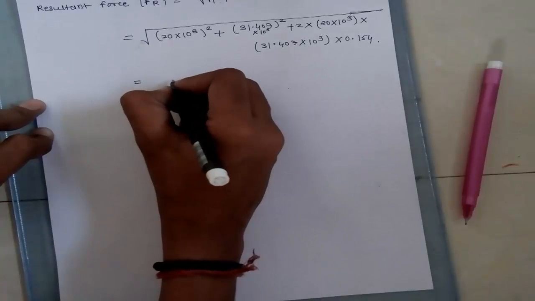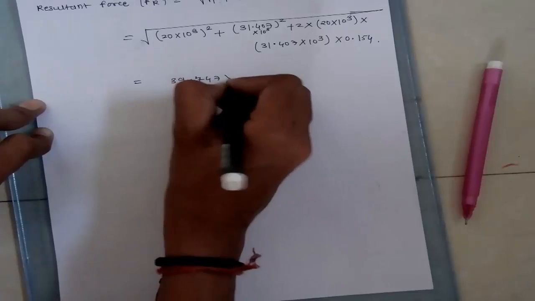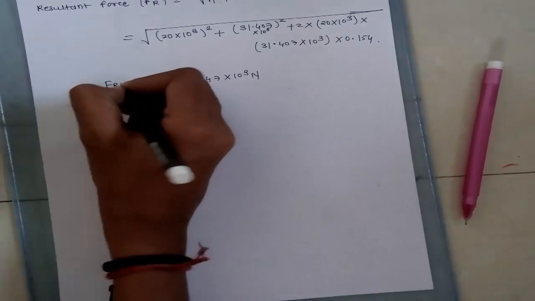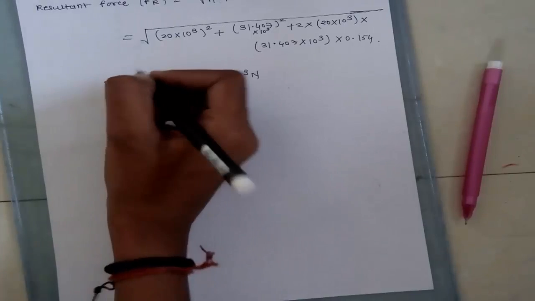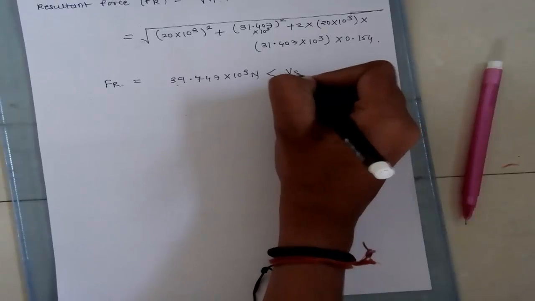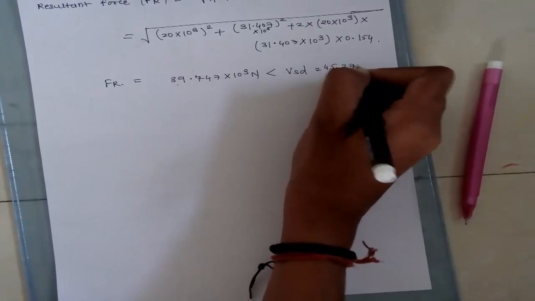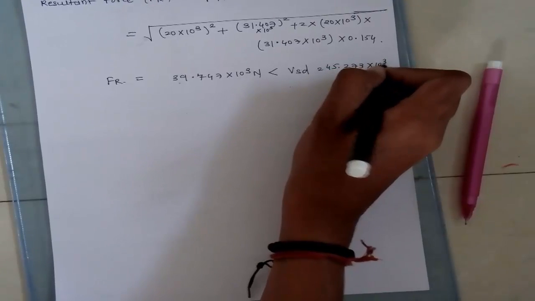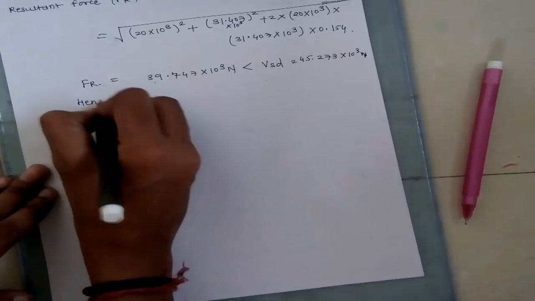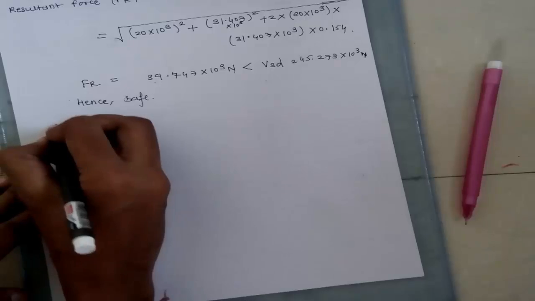After calculation we get 39.747 into 10 to the power 3. This resultant force is less than the design strength of the bolt, VSD, that is 45.273 into 10 to the power 3 Newton. Then and only then can we say that our assumption is safe, or numerically safe.